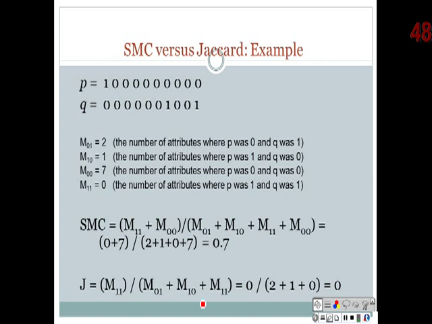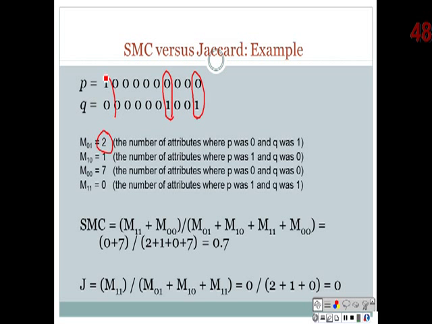For example, here is a simple Jaccard example. Let's say that I have a number of attributes of data point P and data point Q, and we'll see how many matches we have. For example, when we have 0 and 1, as you can see, it's here, this is one time and this is the second time, that's why we end up with the number 2.